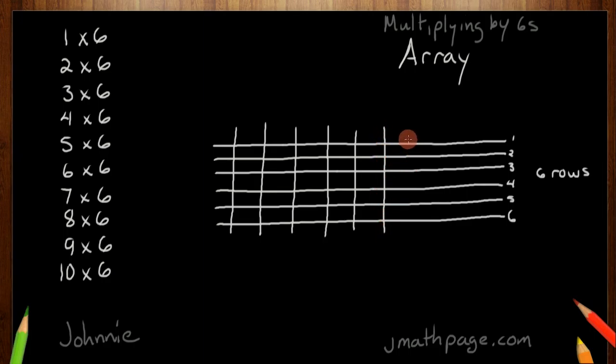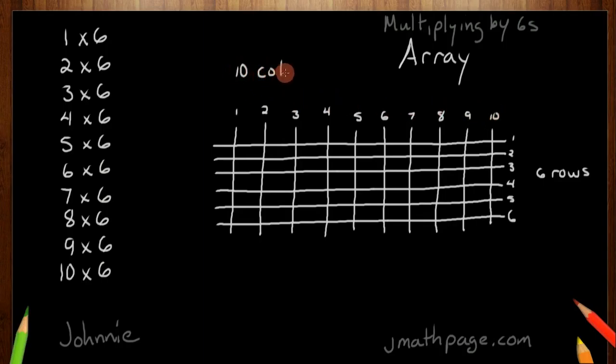How many should I make? 7, 8, 9. I think I'll stop at 10. 10's a good number today, right? I think that's all I'll need. Let's number them again. 1, 2, 3, 4, 5, 6, 7, 8, 9, and 10. So I have 10 columns.